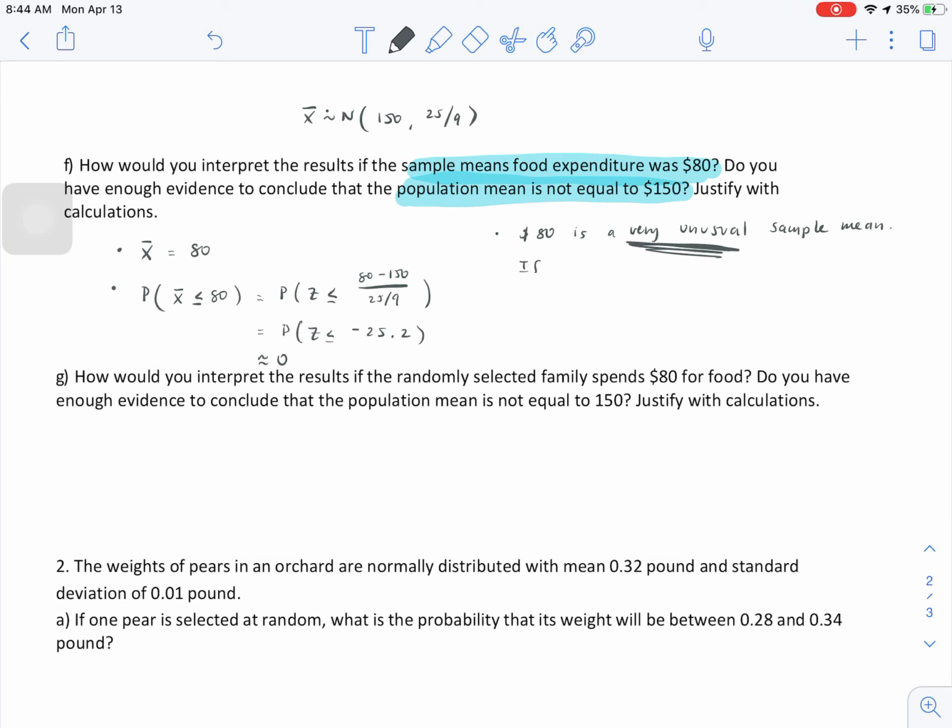So in other words, if the population mean were $150, it would be impossible, probability 0, to observe a sample mean as or more extreme in the negative direction than $80.